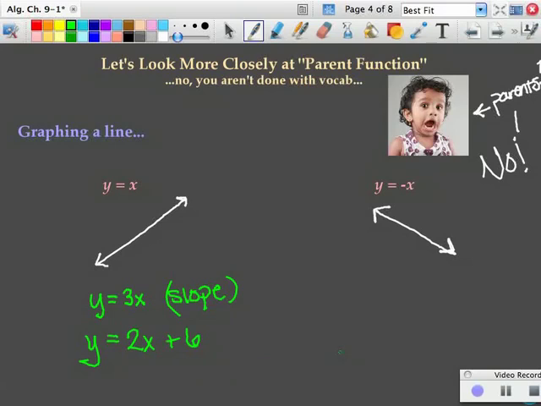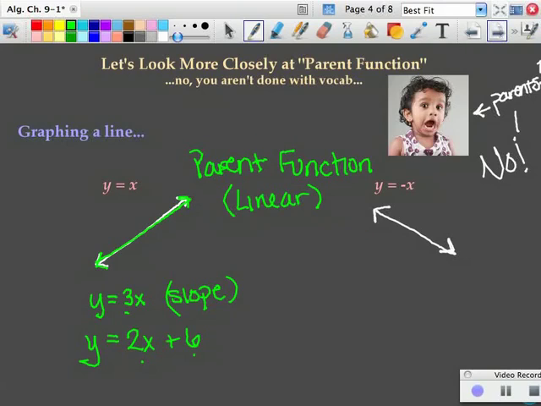So we're starting with this basic graph still going upward, but we are changing it to fit our slope and our y-intercept. And then same goes for over here. So we're changing it to fit. So these would have been our parent functions for linear equations. And remember, linear is because it graphs a line. So those would be our parent functions there.